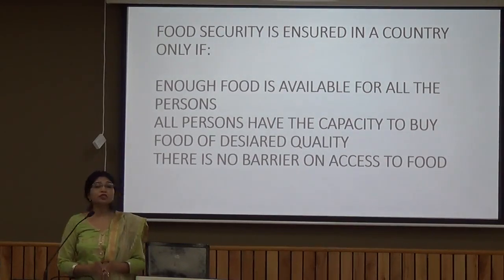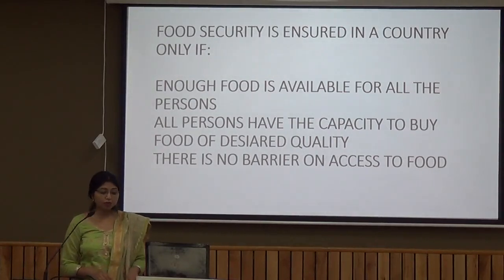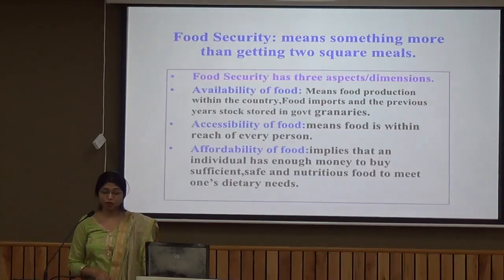And if the food is available, it is also important that it is accessible, means people are able to access it. After that, it is also important that people have purchasing power, or they are able to purchase that food. So all these things are very important.